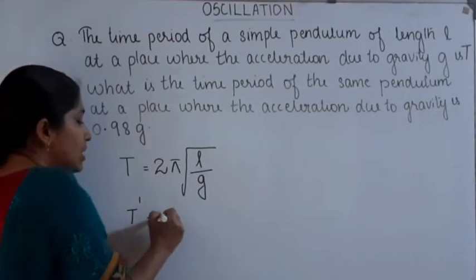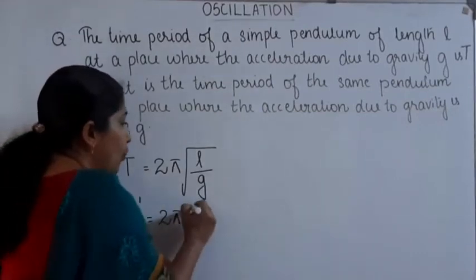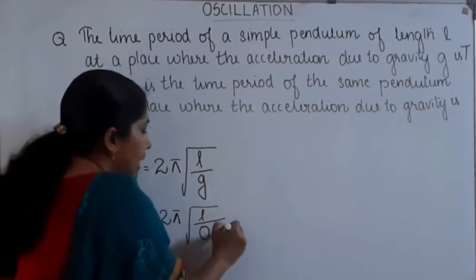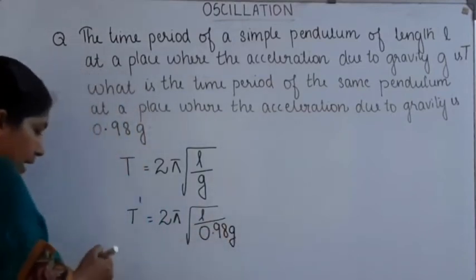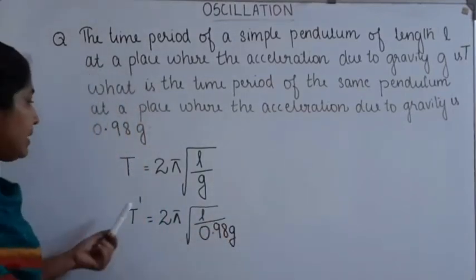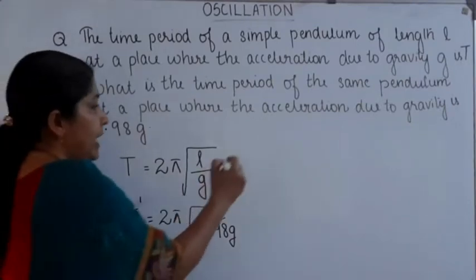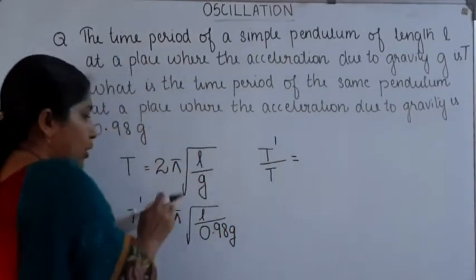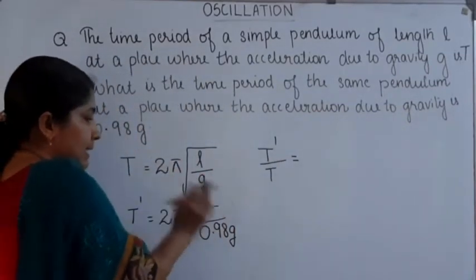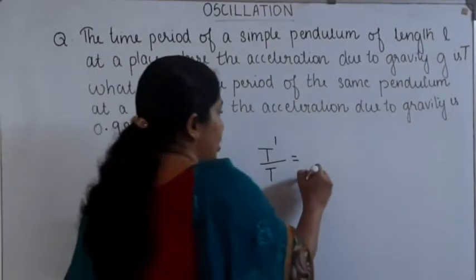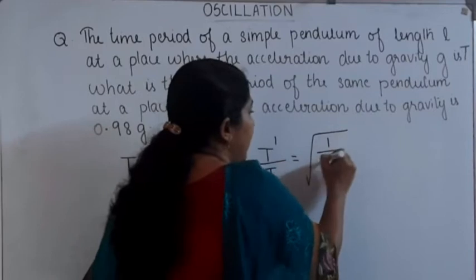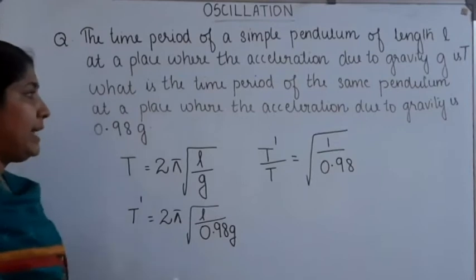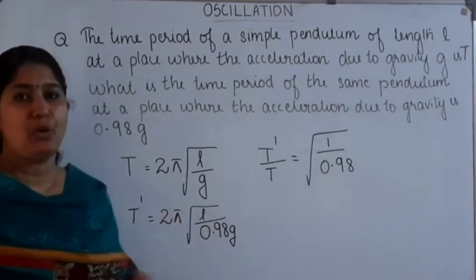New time period T dash is equal to 2 pi root of L divided by, instead of g, we write 0.98 g. Then on solving these two equations, T dash divided by T is equal to, 2 pi cancelled, L cancelled, g cancelled, root of 1 divided by 0.98.